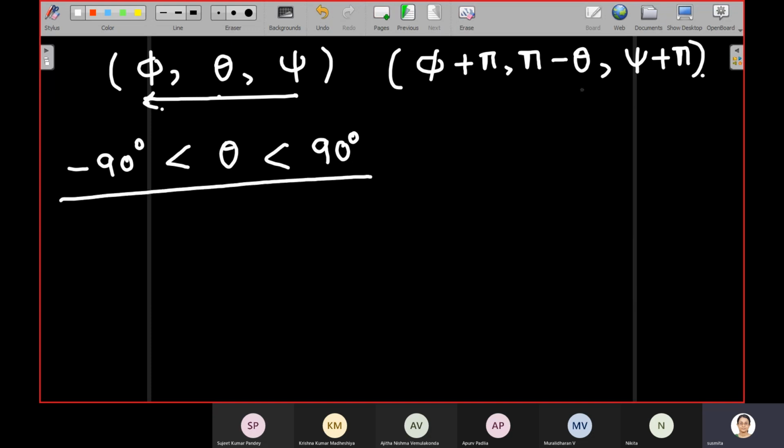In one of the sets, theta must be greater than 90 degrees, and that set will be eliminated by imposing these conditions. Okay, so in order to prevent having two different sets giving the same alpha frame, we impose these conditions.